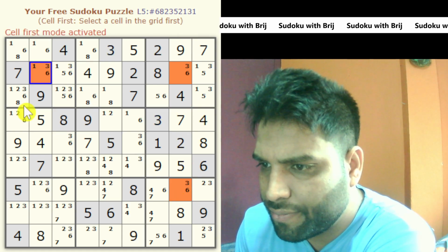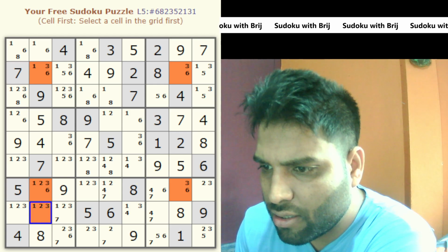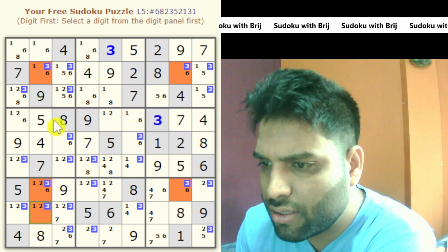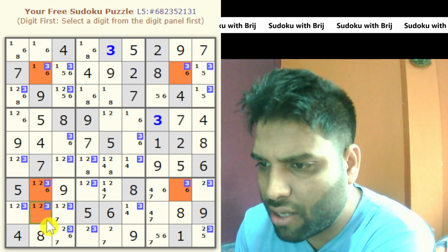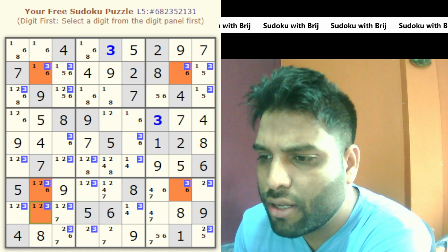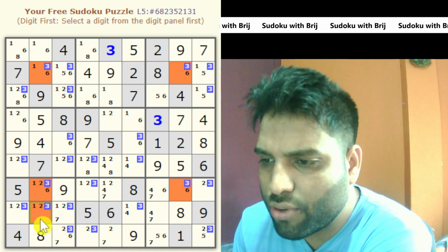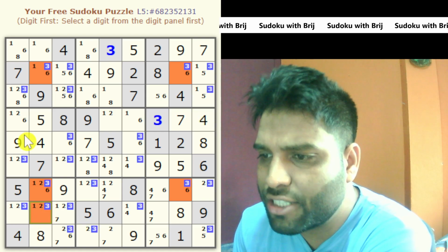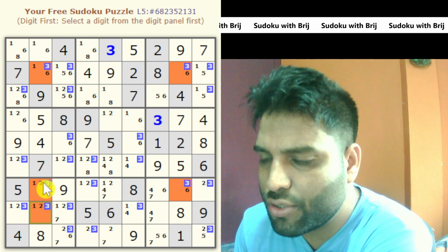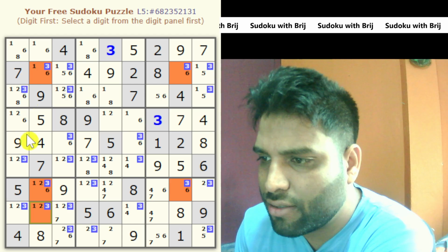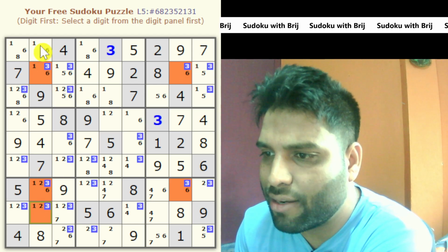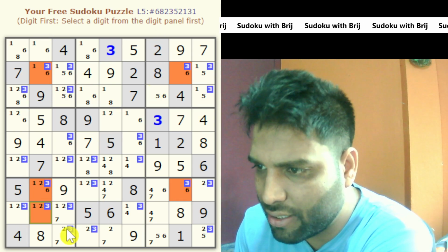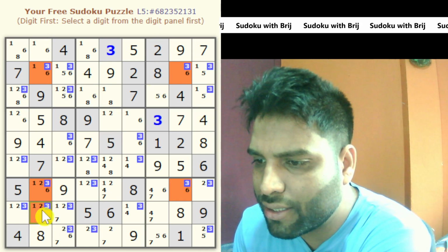Similarly, the possibility of 3 in this column is in the marked cells. Let's forget about this cell once. Let's assume that there are only these 4 cells in which 3 can be put in this column and in this column. We are ignoring this cell.